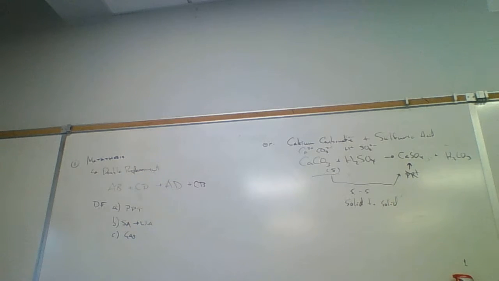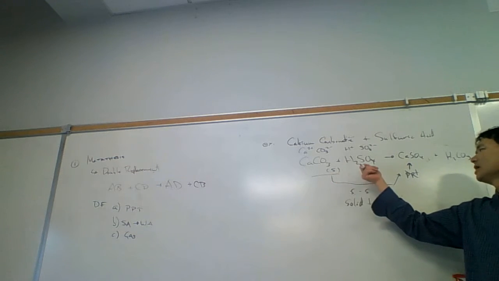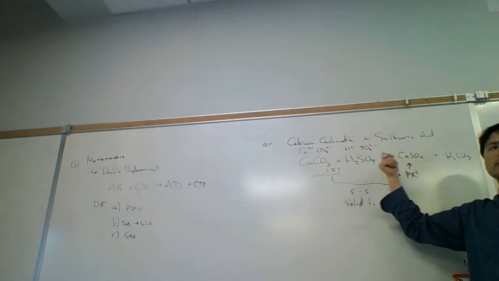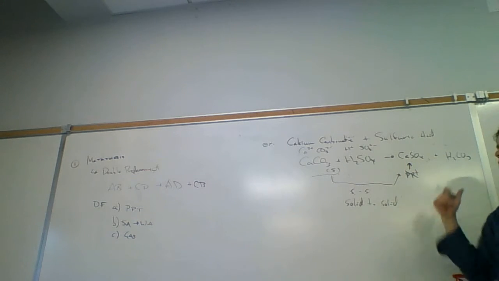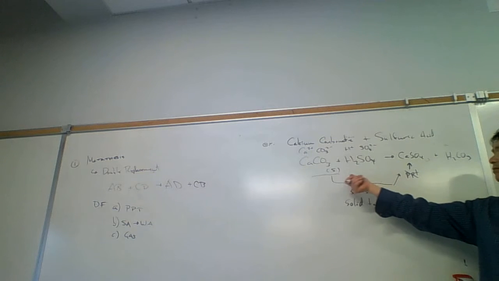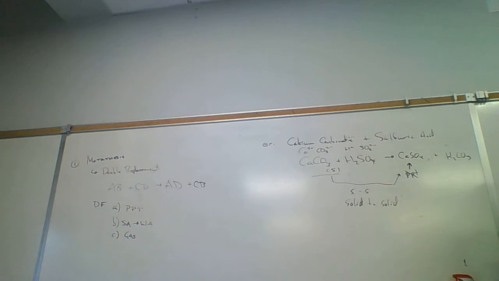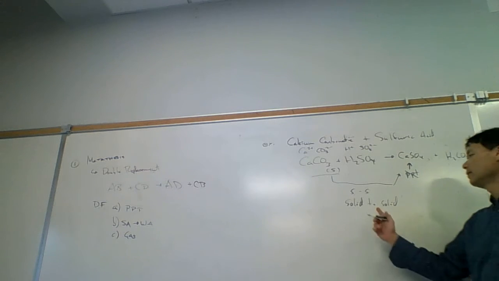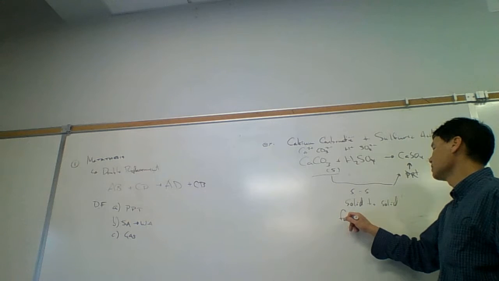In a typical precipitation, we go from aqueous to solid. So if we go aqueous to solid, then definitely we're getting solid formation. But in this case, we have to sacrifice one solid to make another solid. Is it worth the sacrifice? So what we need here is further analysis.